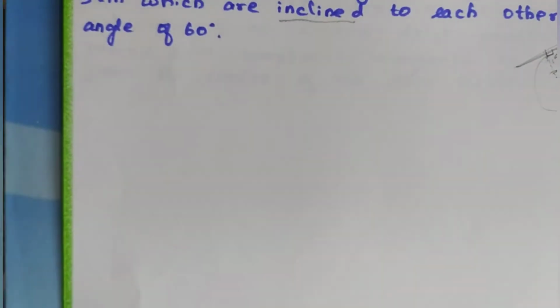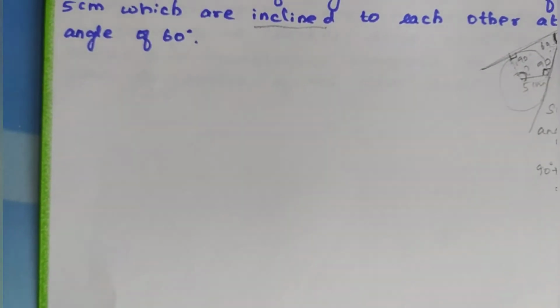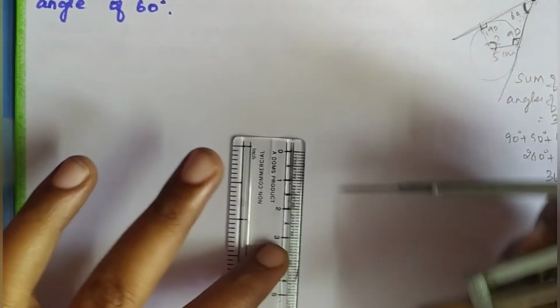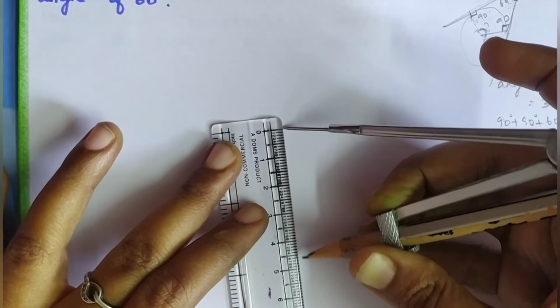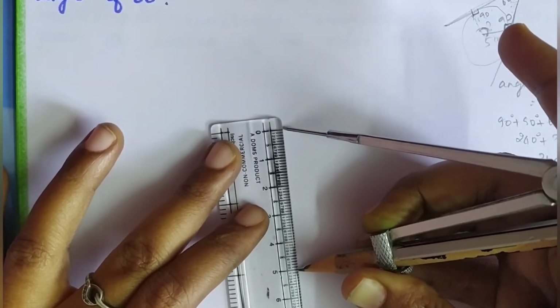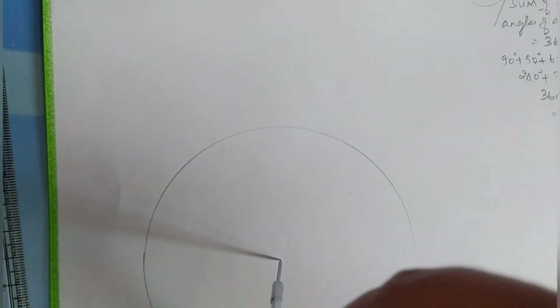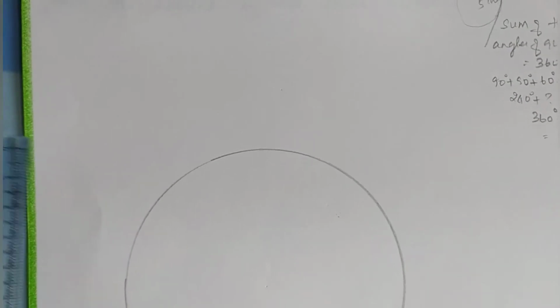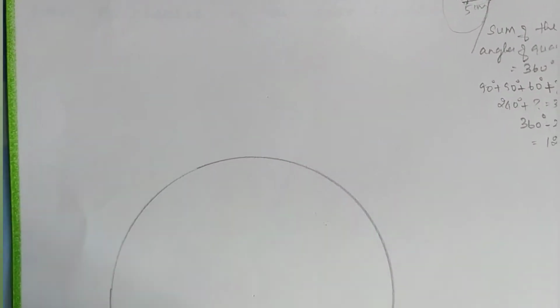Now draw a circle of radius 5 centimeter and draw one baseline.